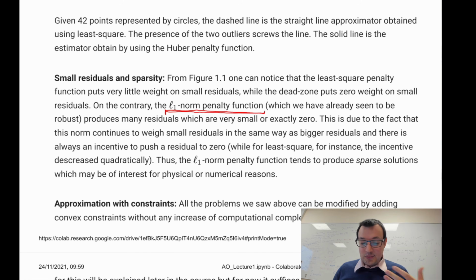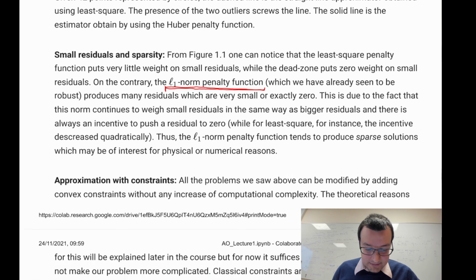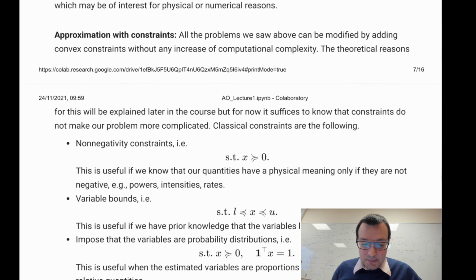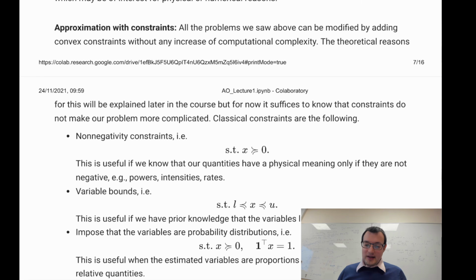But for now, we have already seen very clearly that the L1 norm produces sparse solutions. Sparse solutions are solutions with a lot of zeros. And we may be interested in sparse solutions because of some physical meaning of the variable that we are trying to optimize.